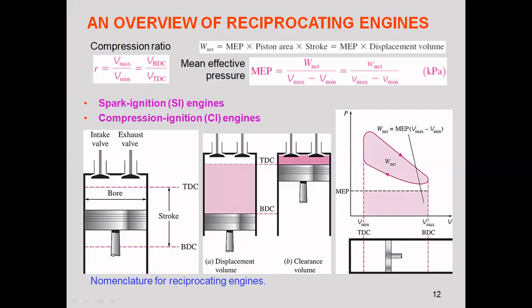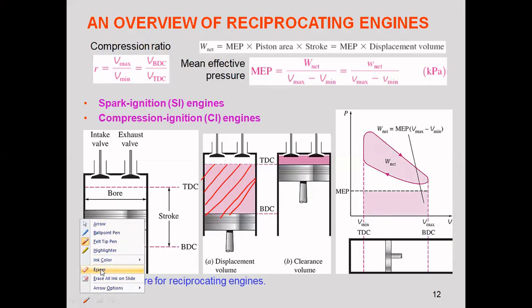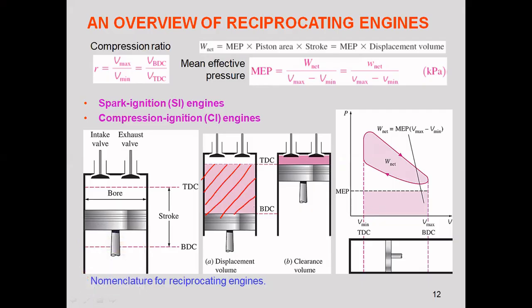Also, in the earlier class we gave the basic parameters related to engines: top dead center, bottom dead center, stroke, bore, etc., and swept volume, that is the displacement volume, the volume between the top dead center and the bottom dead center swept by the piston, and the clearance volume, which is the space between the piston and the cylinder head when the piston reaches the top dead center.